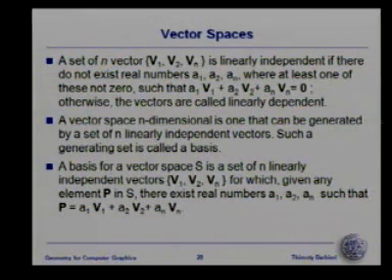If you have a vector space with all the properties I have already told you, and the set of these vectors are linearly independent, then you have what we call a basis, a vector basis. Just to give you an example, any set of coordinates that we use is a vector basis.